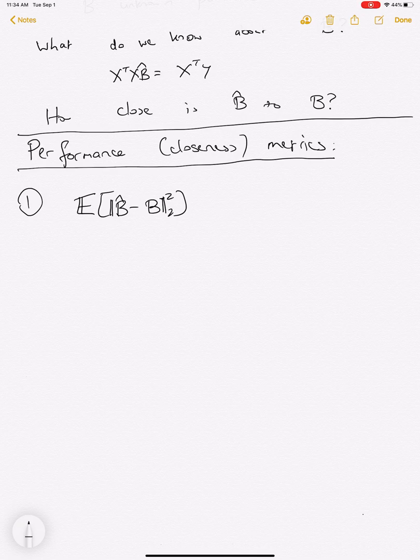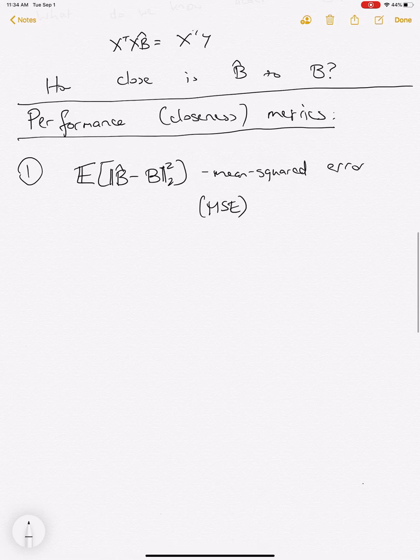And so this is referred to as mean squared error, the MSE. And what's important to note here is we have an expectation here because b hat depends on y, which is random.